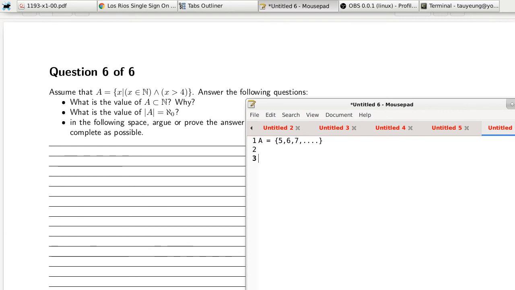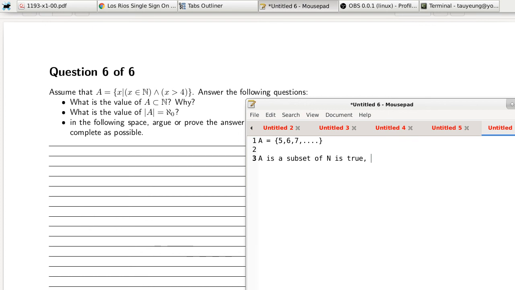Now the first one, A is a subset of N, is true. Why? Because every element of A is in the natural numbers, but not the other way around. That makes A a proper subset of N.